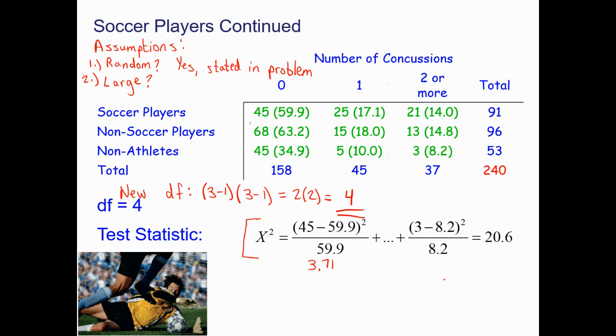3.71, whatever that one is. Plus, plus, minus 8.2 squared divided by 8.2. 3.30. And I did that. I can actually go through and see which one of these contributed the most to this chi-squared statistic.